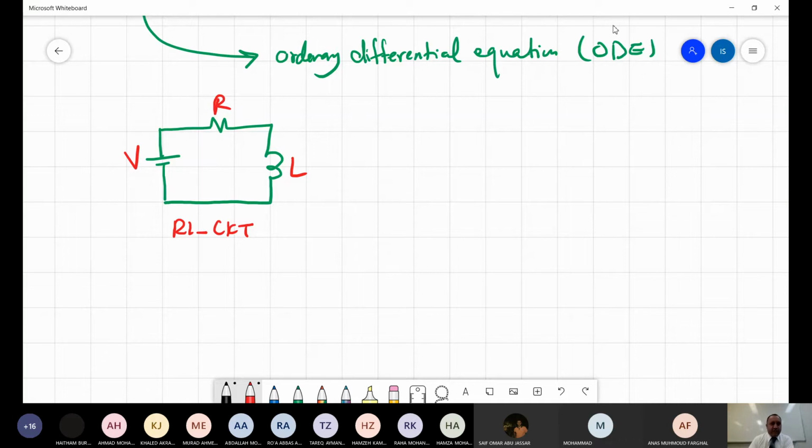So let's assume that the input is the voltage and the output is the current. And I need to model this system. So how can I model it?